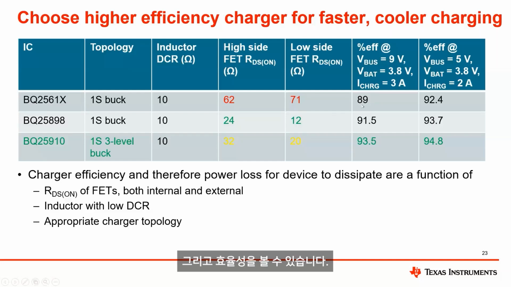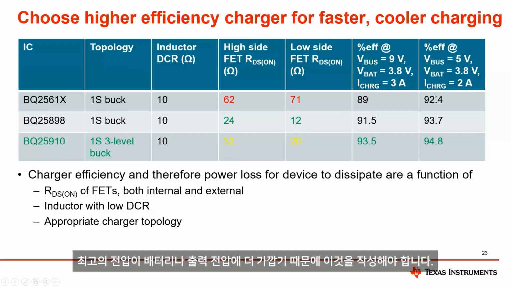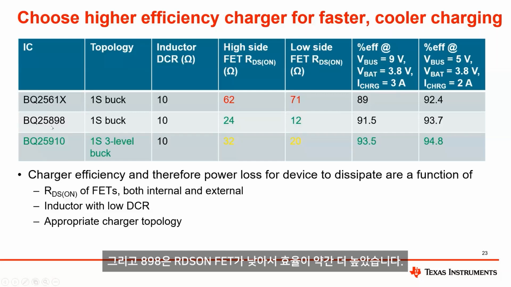You can see the efficiency is 89% for a 9-volt, 3.8 volt, 3 amp charge. At 5 volts, we get a slightly higher efficiency, which we should, right? Because the bus voltage is closer to the battery or output voltage. Then we have the 898, which has lower RDS(on) FETs and therefore slightly higher efficiency.